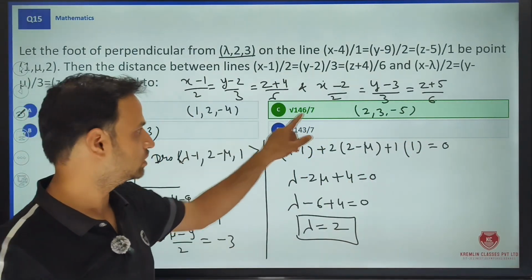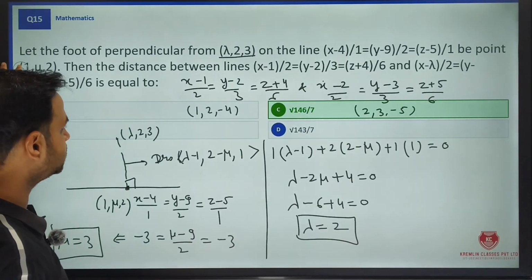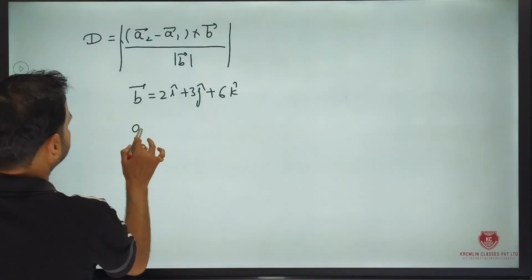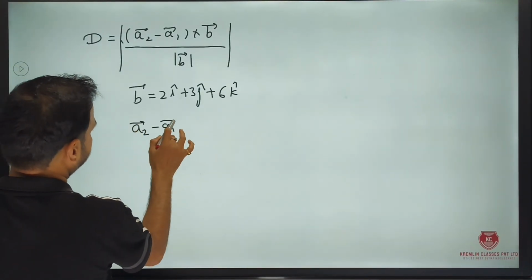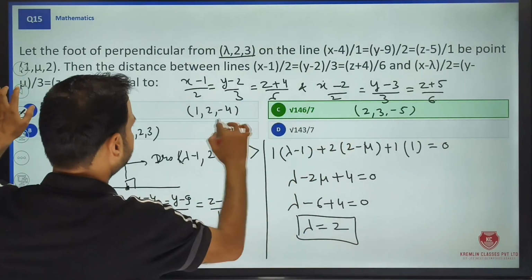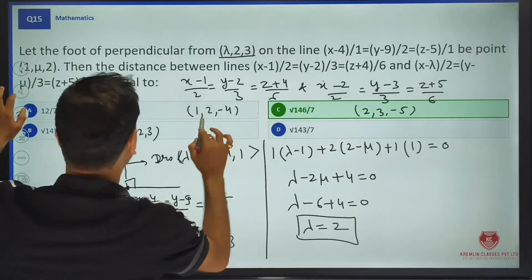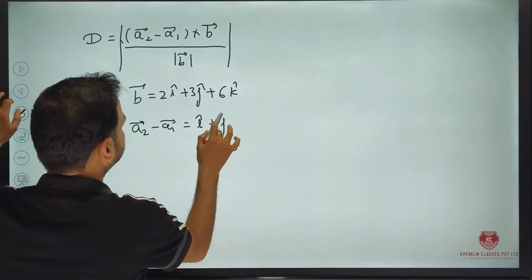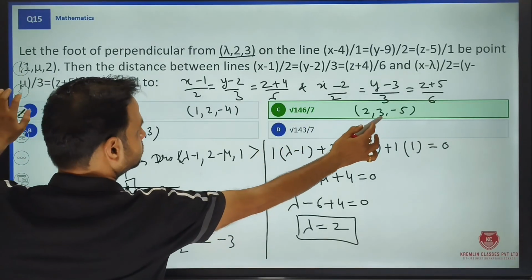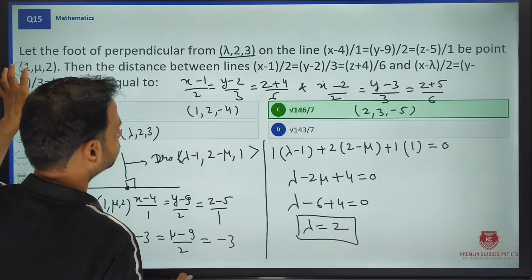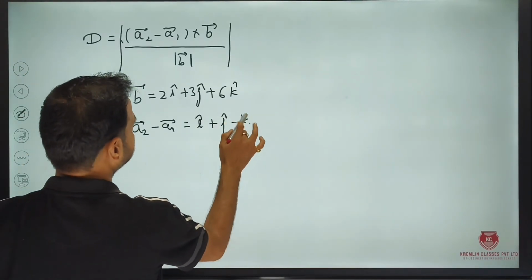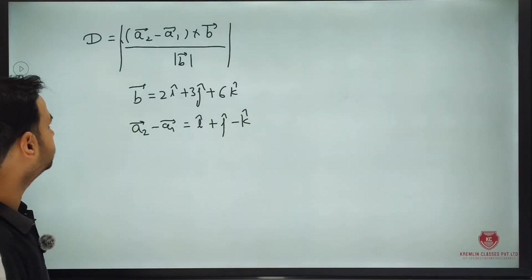This is a1 vector, this is a2 vector. So a2 vector minus a1 vector will be 2 minus 1 i cap, plus 3 minus 2 j cap, plus minus 5 plus 4 k cap. So this is a2 minus a1.